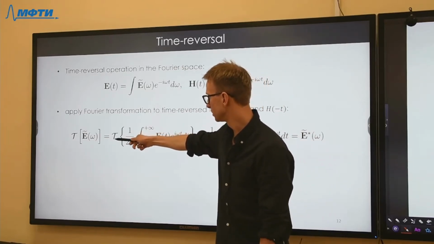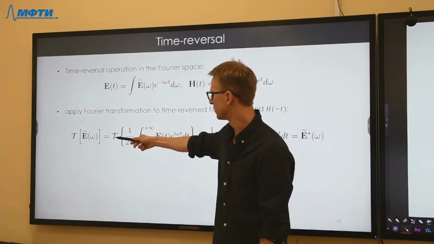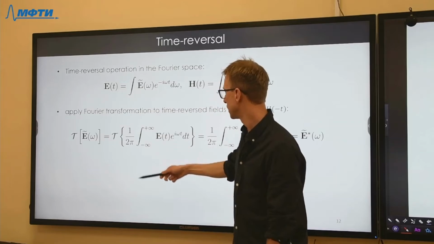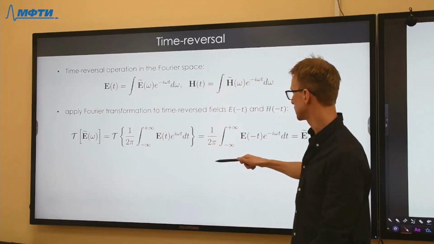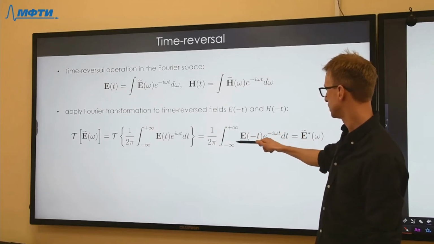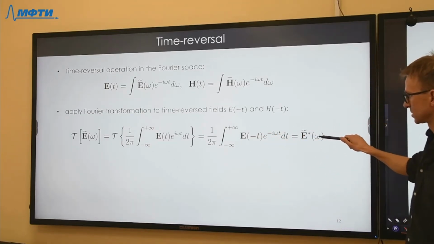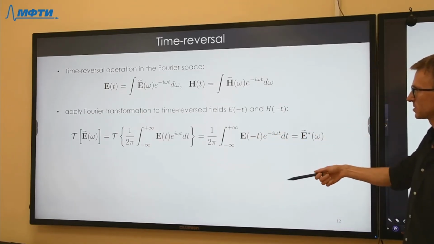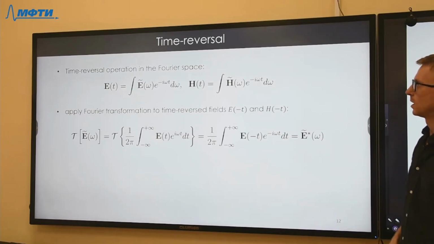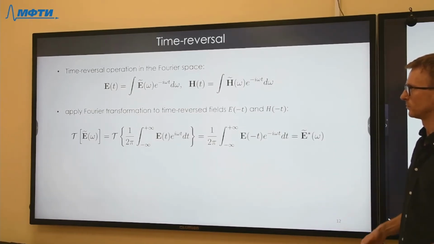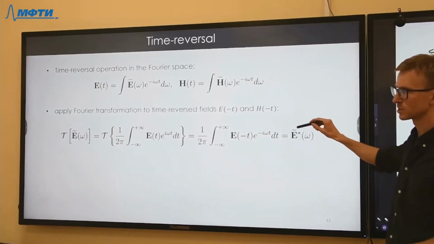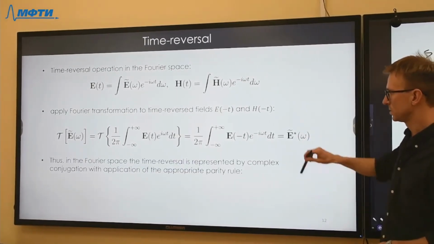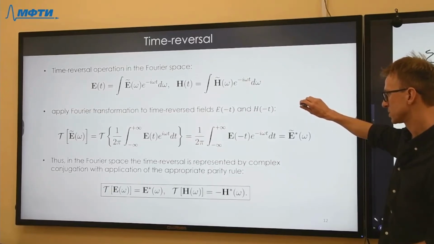Then we flip the time reversal and the integral operation, and we act with time reversal on this, which gives us this, which in turn gives us this. So in the Fourier space, time reversal of a monochromatic Fourier component of the field is the same component but complex conjugate. And in a similar way, it works with magnetic fields.